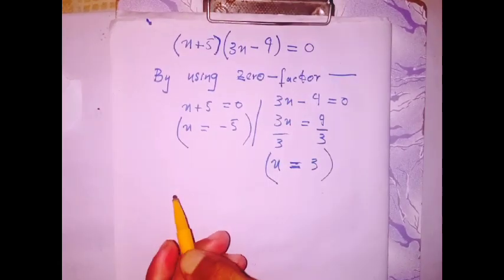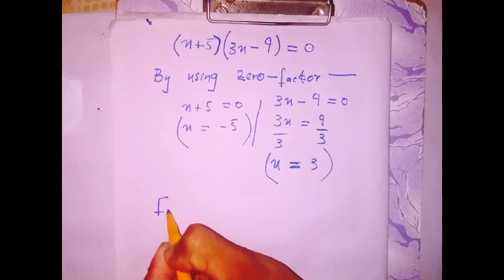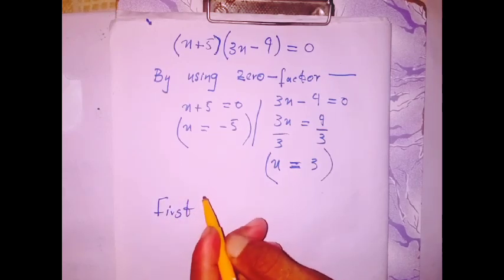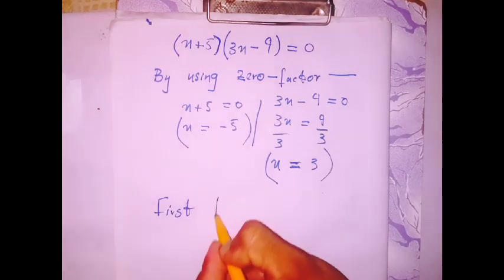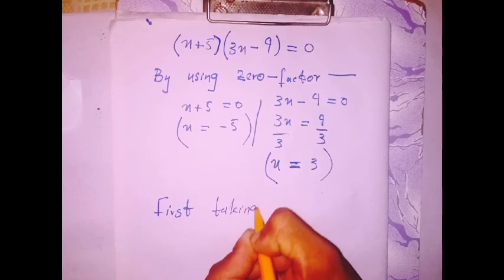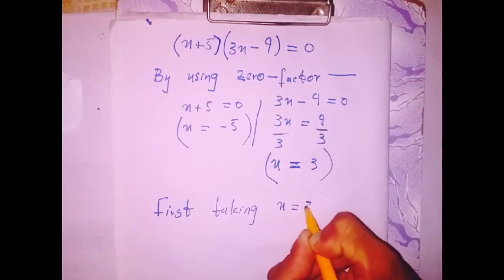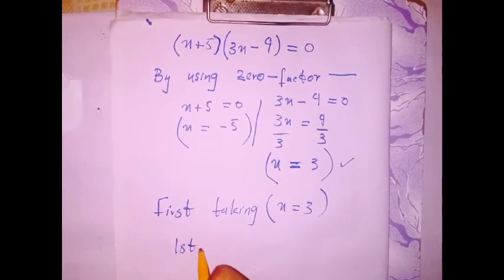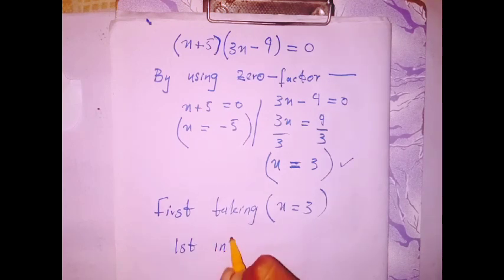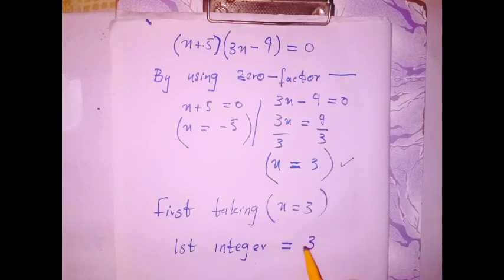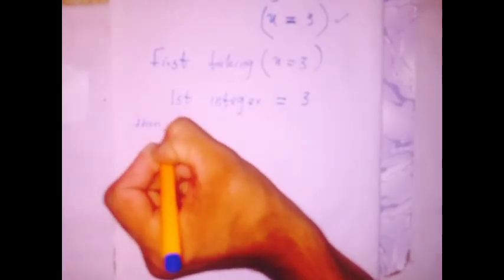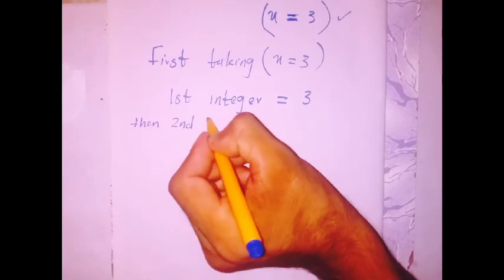Now these are the values of x, and first we write for x is equal to 3. If we take x is equal to 3, a positive number, we will get the first integer, which is x is equal to 3. Then the second integer will be x plus 1.